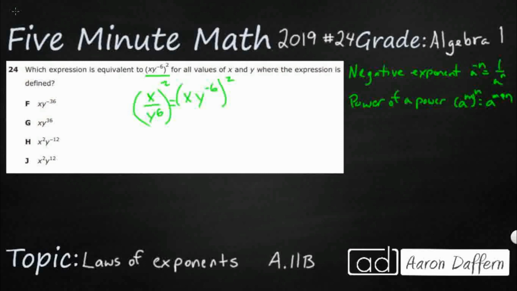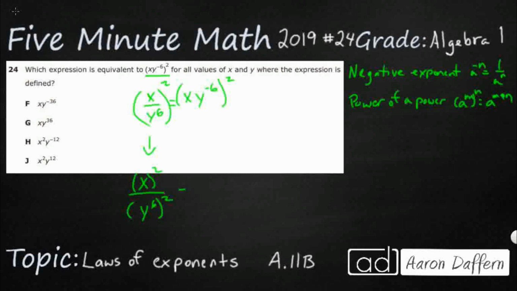So what we can do is distribute this out. We can say this is going to be x squared, and then y to the 6th squared. Rather than the whole thing, you can just square the top and then square the bottom. It's going to end up getting you the same answer.